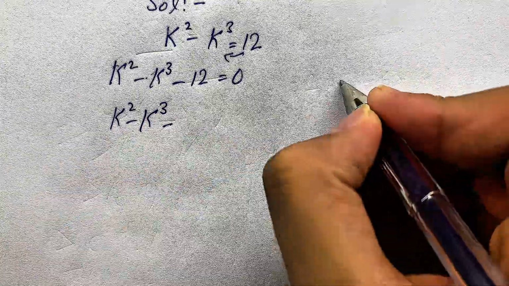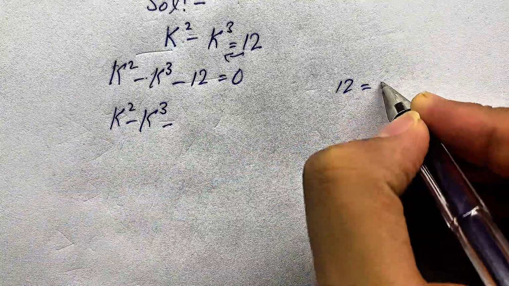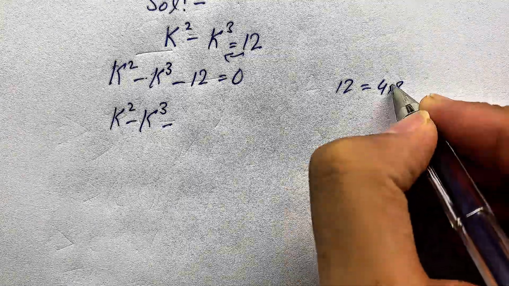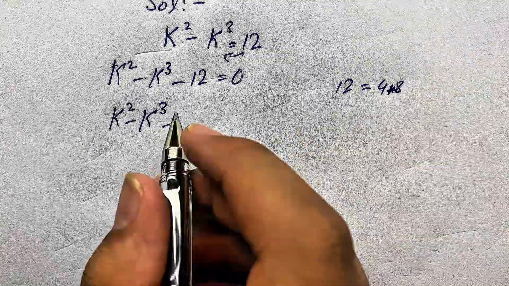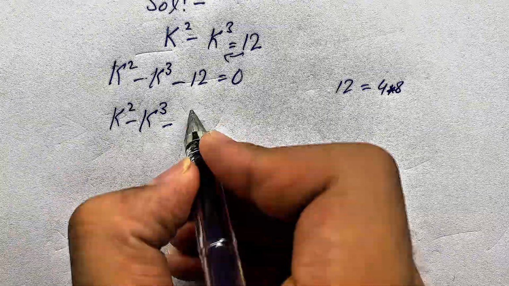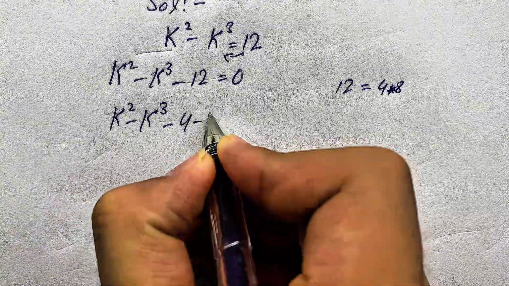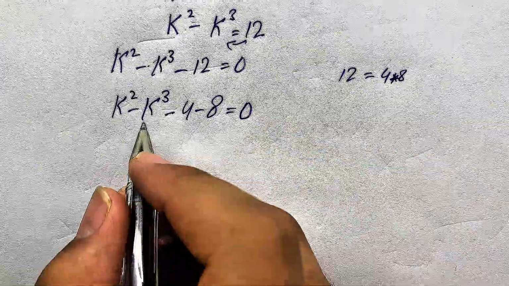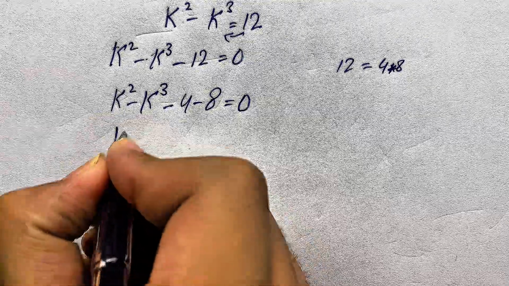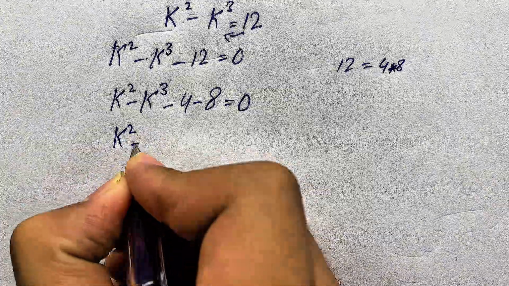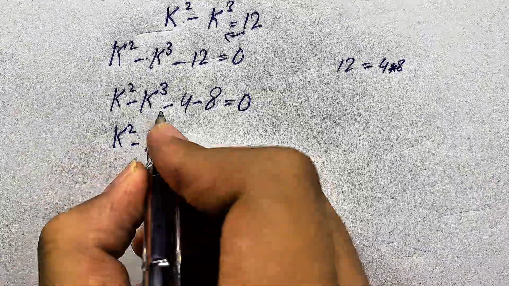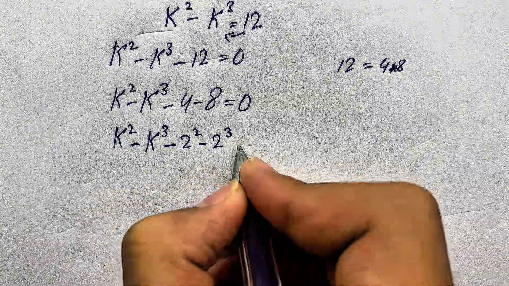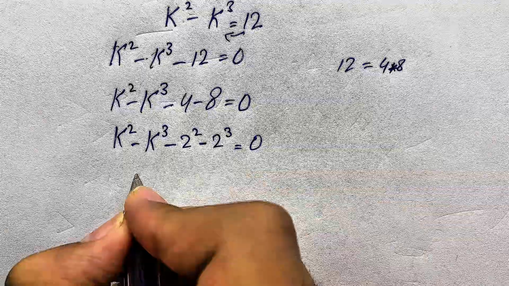As we know that 12 is equal to 4 into 8, 4 plus 8. Now k^2 - 4 - (k^3 - 8) = 0. Now k^2 - 2^2 - (k^3 - 2^3) = 0.